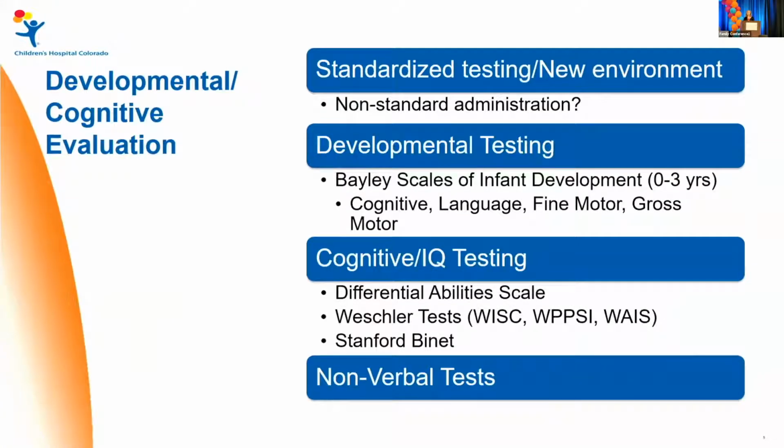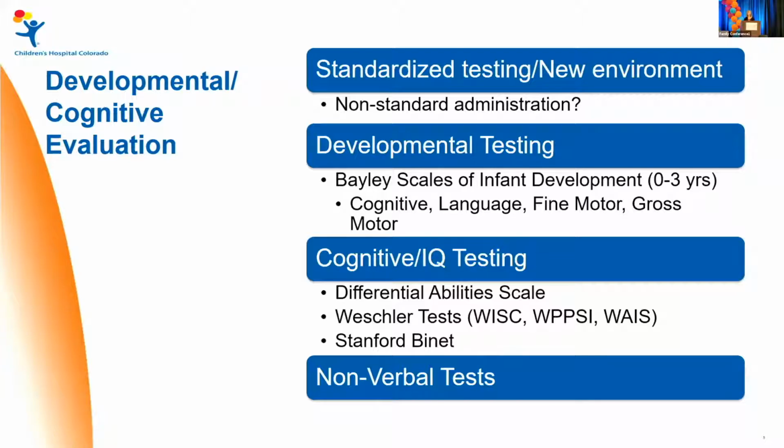So when we do the testing, these are standardized measures that are either developmental tests if you're 3 or younger, or cognitive tests if you're older. But we may have to do the testing in a non-standard way because maybe your child is really upset or distressed by being in a new place. They didn't sleep well the night before.